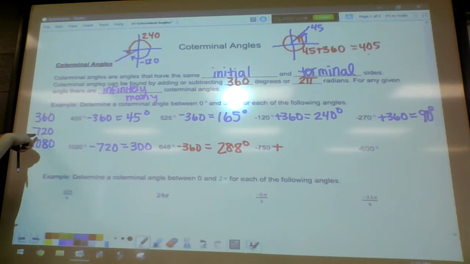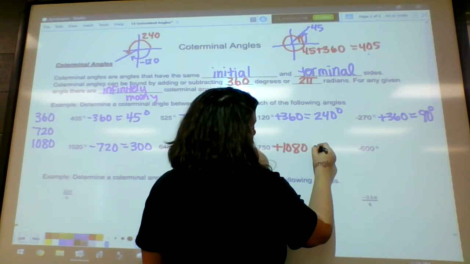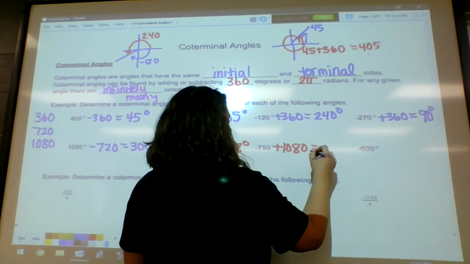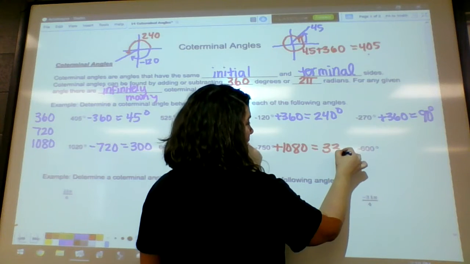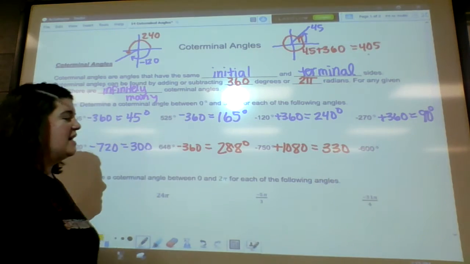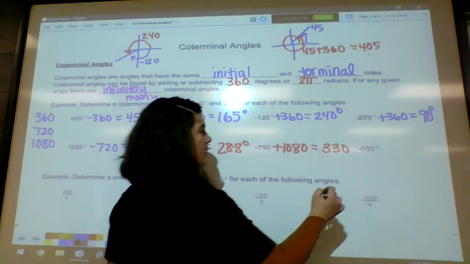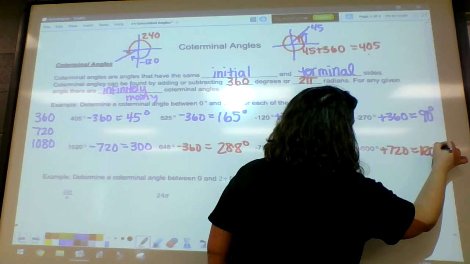If you add 720, which is 360 twice, you're still in the negatives. So you can go ahead and just add 1080 to this one, saying, hey, you've got to go around three times before you end up in the positive. And when you add 1080, we get 330. All right, and then last but not least, negative 600. What did you add for that one? 720. And we ended up at 120.